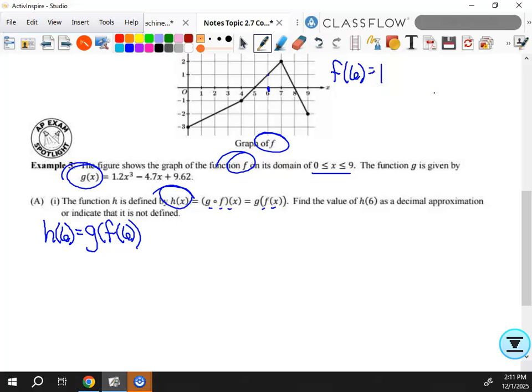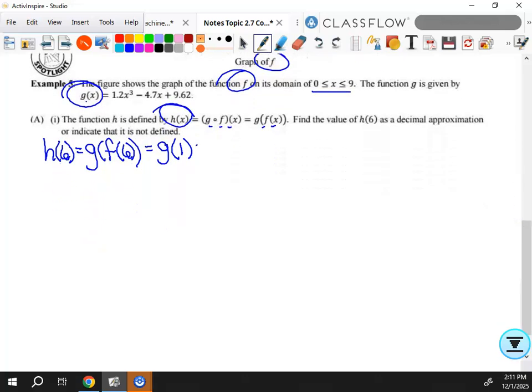So that means this is equal to g of 1. Then I use the g function right here and substitute it in. So this will give me 1.2 times 1 cubed minus 4.7 times 1 plus 9.62.